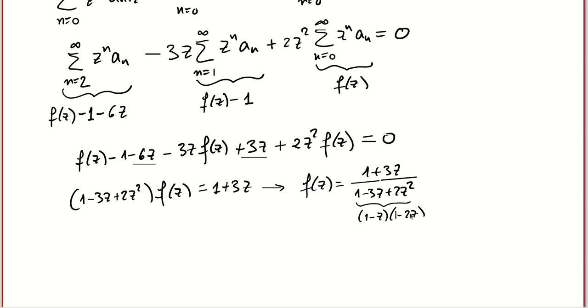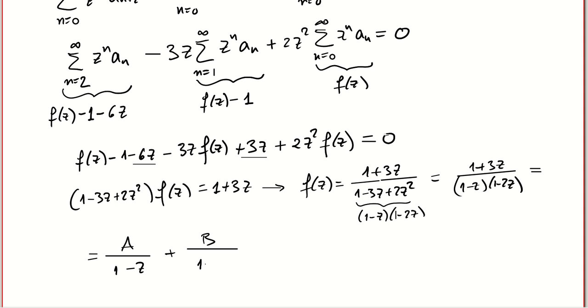So this is the factorization, so what we have is 1 plus 3z over 1 minus z times 1 minus 2z. And this fraction can be split as the sum of two fractions, because we have two different factors and each one has multiplicity 1. So the expansion in elementary fractions is like this.